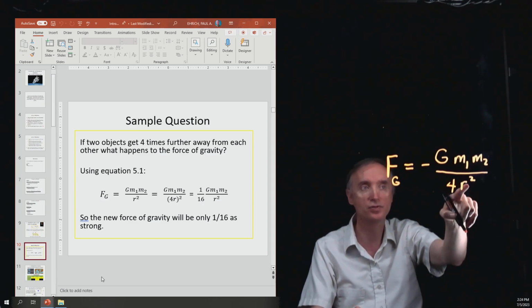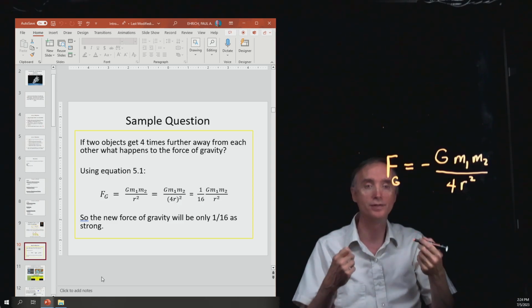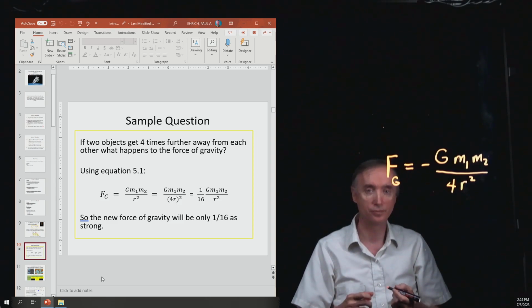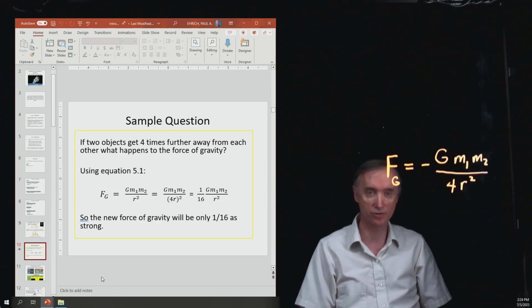But you forgot to square it. So it's 4 squared. So therefore, gravity is going to get weaker by a factor of 1/16. So you could either say it's 16 times weaker or 1/16 as strong.